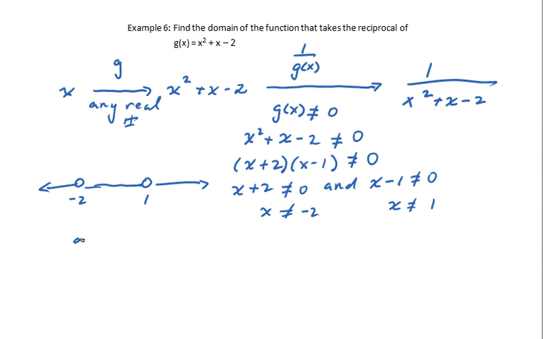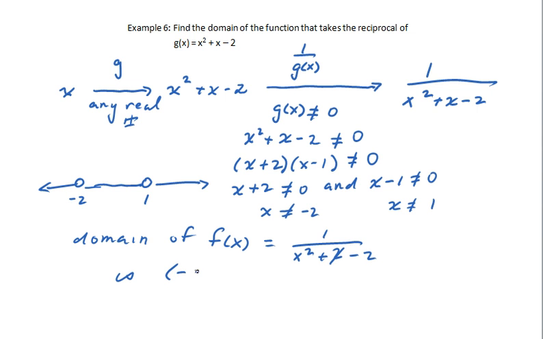So the domain of f of x equals 1 over x squared plus x minus 2, is negative infinity to negative 2 union negative 2 to 1 union 1 to infinity.